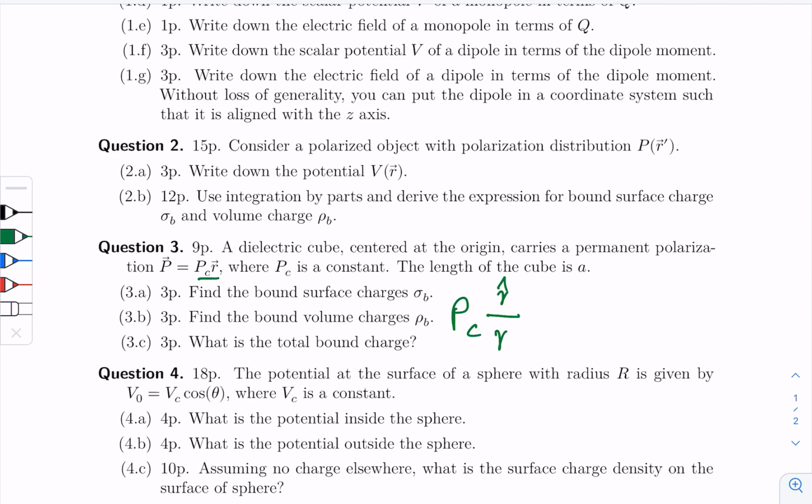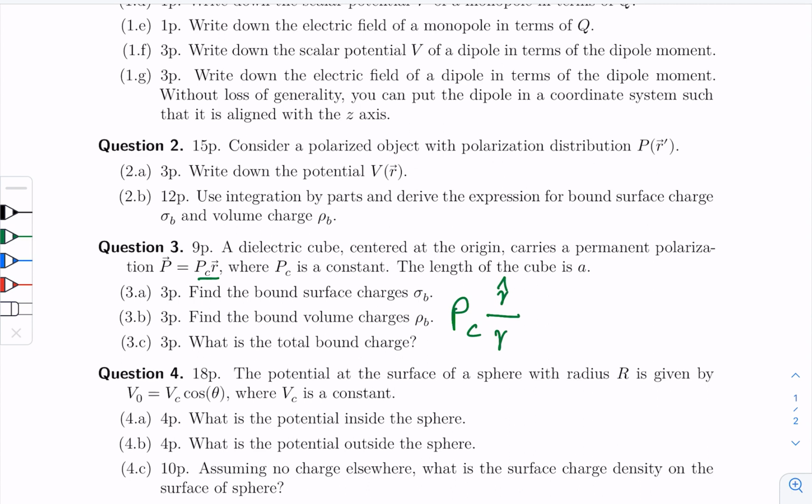In the homework, you are required to calculate in the spherical coordinate, but here, see that this is the keyword. It's a cube, so you are supposed to do the calculations in the Cartesian coordinate because of the symmetry. But even if you do this problem in spherical coordinate, you can still be able to get the answer correctly, but it's slightly more complicated.